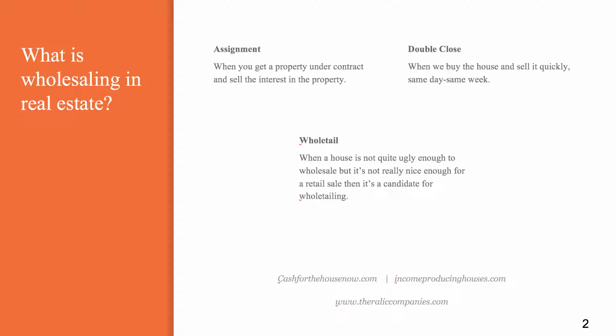We also have a double close. That's when we would basically buy the property and then sell it quickly, most times on the same day. So we'll close on that property twice, A to B, B to C. Assignment would be just A to B, and our company would be cut a check as a middleman.